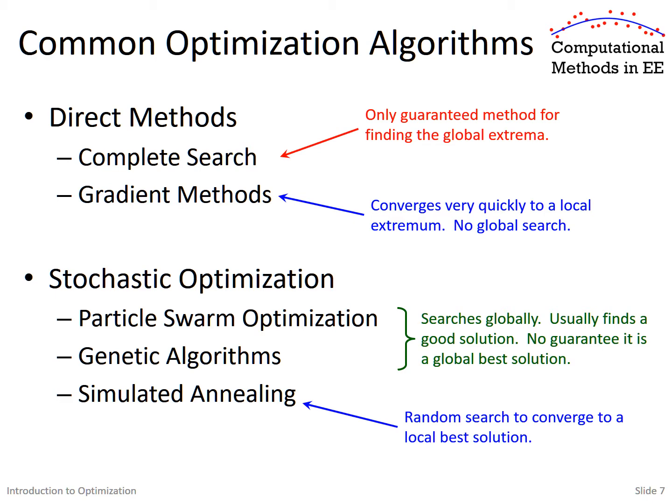So optimization algorithms can be broadly categorized into two different flavors, if you will. There are the direct methods and the stochastic optimization. The stochastic is involving randomness.